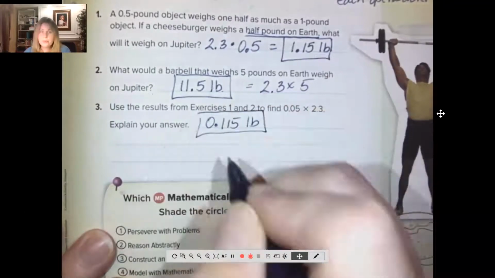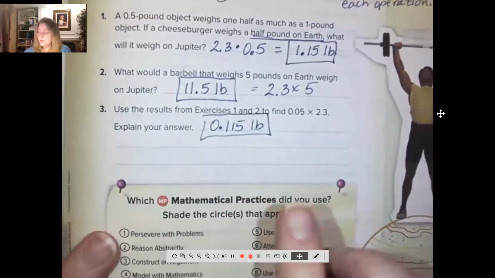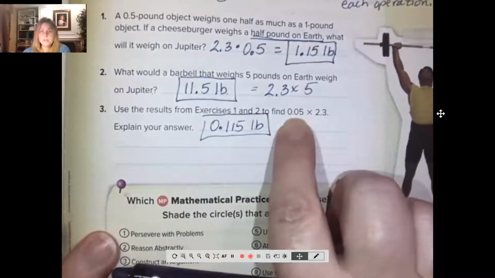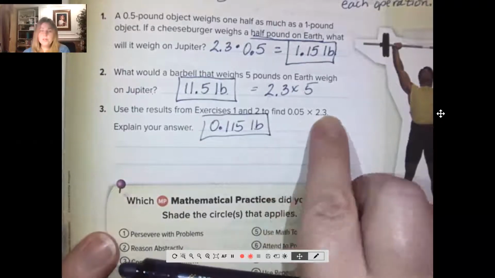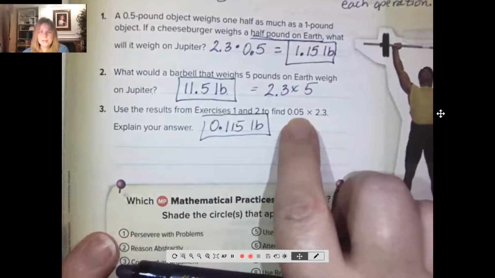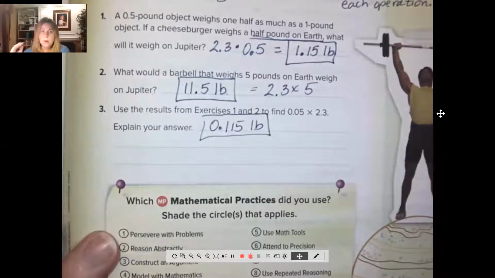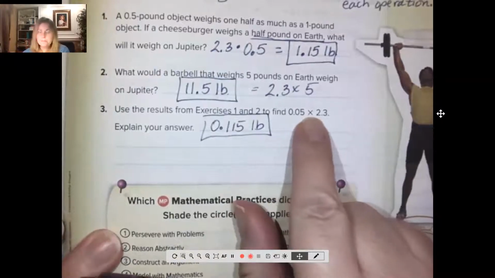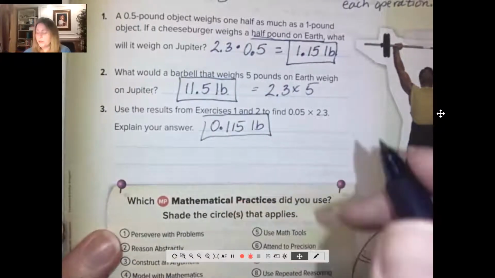Okay, and let's just prove that with our problem. So 2.3 times 0.05. This has 3 digits. I'm just going to go ahead and write that in. It doesn't matter if you're writing the top row or bottom row. Aesthetically, I think it looks nicer to have the longer number on top, but you don't have to do it that way.